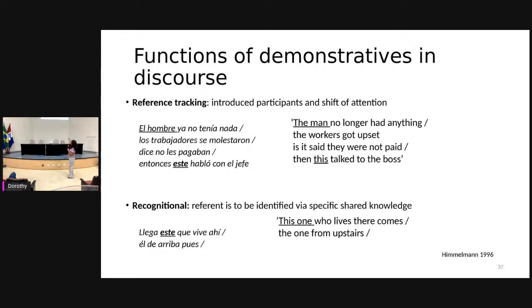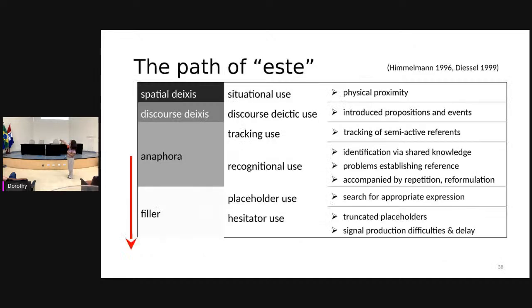These are the ones that invite some hesitation, and taking the time until you find the identity of the person. Oh, right, you get it. So this is how I see the evolution of this marker.